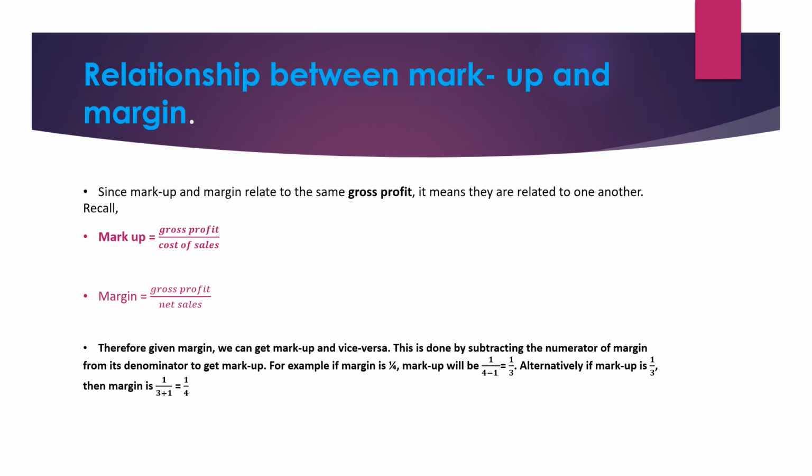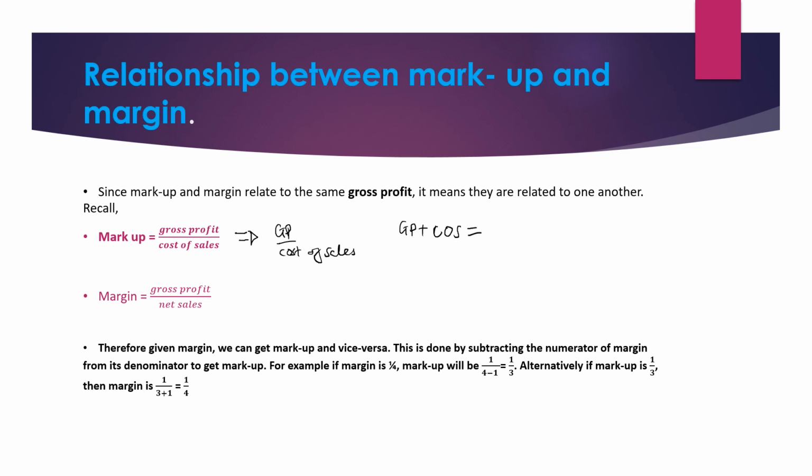Now, I want us to know that from the first, if the numerator, which is the gross profit, over the cost of sales, what happens if you add? Sometime back, I asked, what do you know about the gross profit plus the cost of sales?